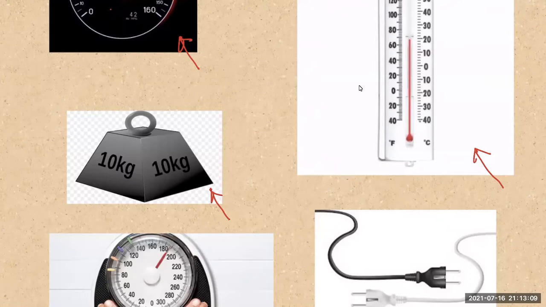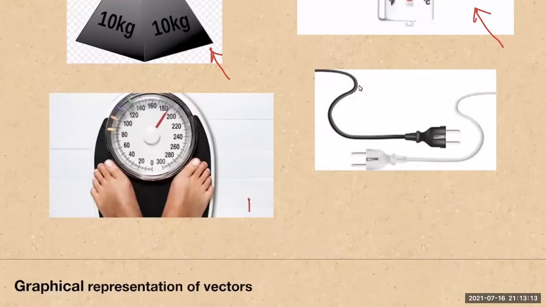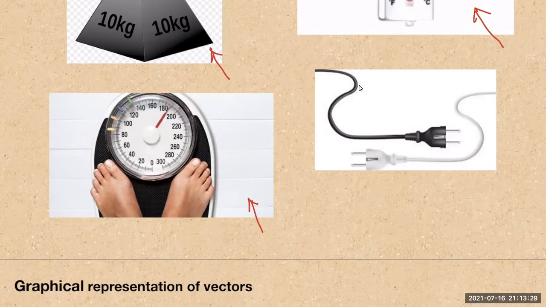Whereas there's a related quantity called weight. You see here a weight scale. The weight scale gives you a reading, which is a magnitude. But is weight a scalar with only magnitude? Well, not really. Weight really is the force of attraction by the Earth on us. So it has a direction. It's downwards, right? The Earth attracts towards it. It doesn't push us away.